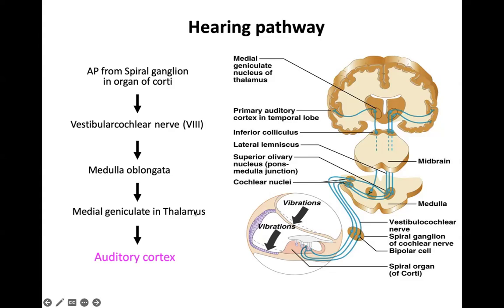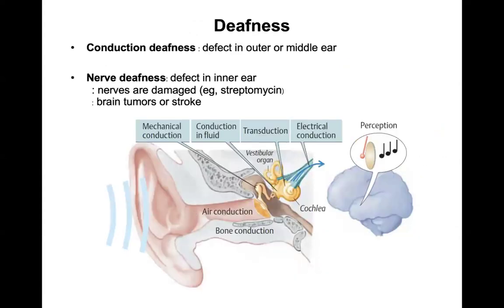So this is the hearing part of the ear. Now, if you have problems with the ears, the major types of problems can be divided into conduction deafness or nerve deafness. Conduction deafness, as its name says, is a problem with conduction.